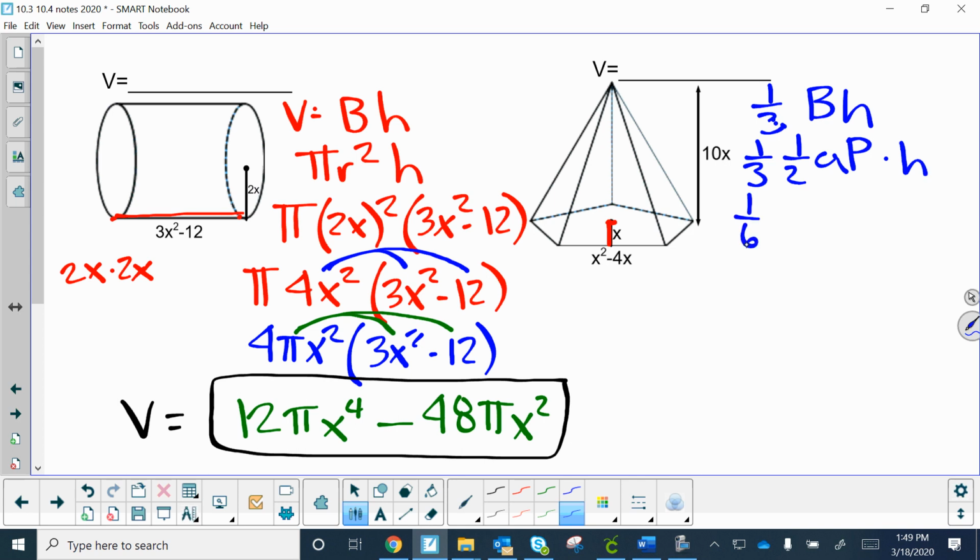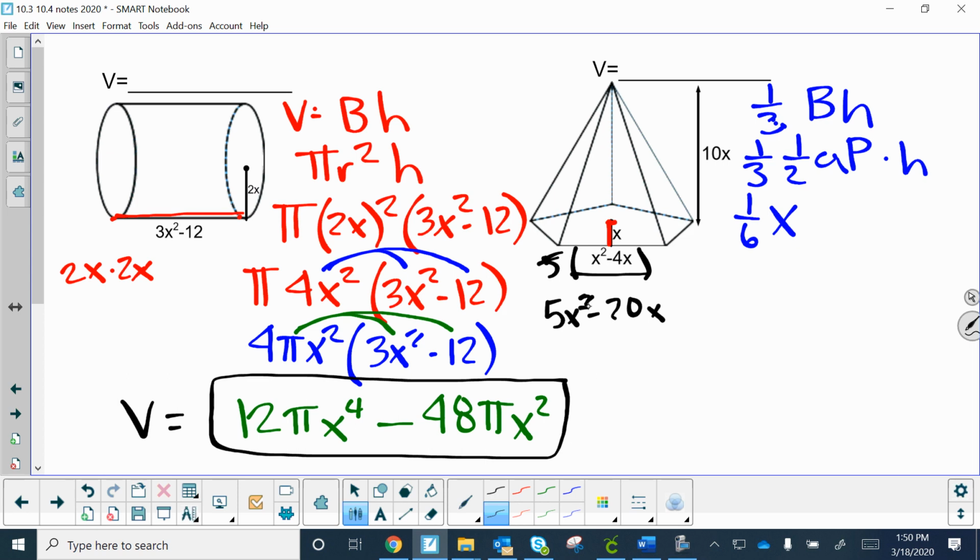And then we have the apothem, which the apothem is x. And then the perimeter, okay, so the perimeter, we might have to go over here off to the side and do the perimeter off to the side. So if this is the side length, we want to multiply that times 5, right? So 5 times that is 5x squared minus 20x.